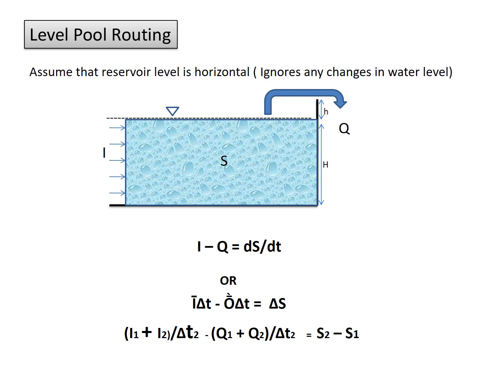However, Q1 and Q2 are unknown quantities, and S2 and S1: S1 is the known quantity, but S2 is the unknown quantity. So these are the basic equations, the continuity equation for the level pool routing approach.